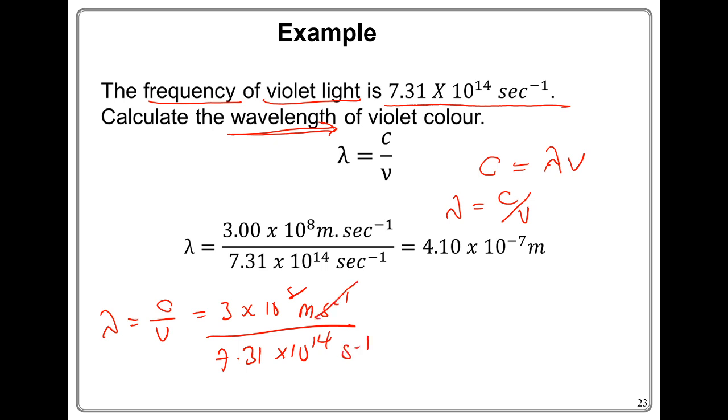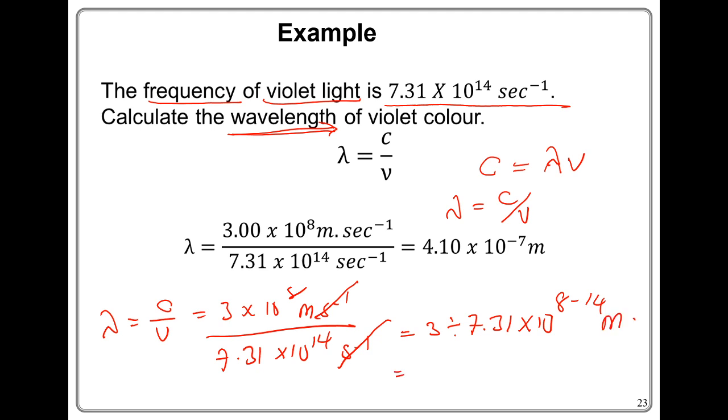The per second will cancel. Then you can express it in a simpler form, which is 3 divided by 7.3 times 10 to the power 8 minus 14 meters.